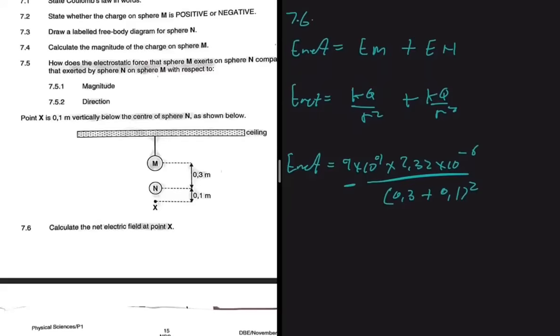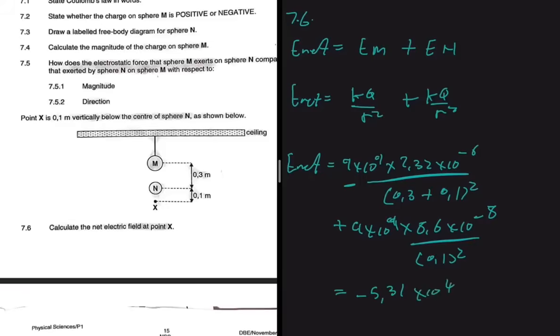So we're gonna have plus 9 times 10 to the 9, now we're talking about the electric field due to sphere N, multiplied by 8.6 times 10 to the minus 8, everything divided by the distance between N and X, so that is 0.1 squared. And if you put this in your calculator, you should get minus 5.31 times 10 to the 4, right?